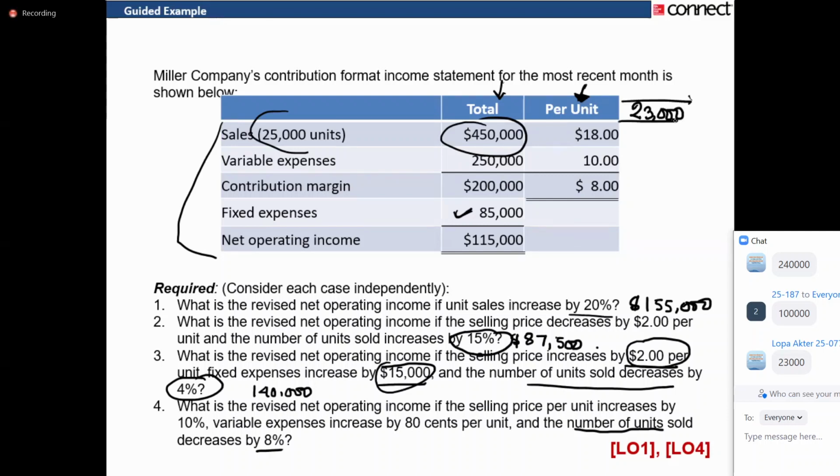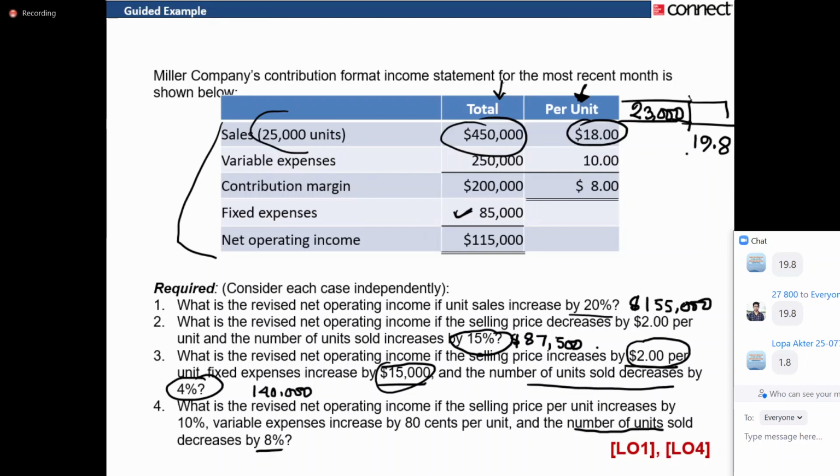Okay. So let's solve for the 23,000 unit sales case, and we are given that selling price per unit will go up by 10%. So out of the $18, if we have the increase of 10%, it is to be 110% of 18. So 110% of 18 should be 19.2. Sorry, it is to be 19.8. 10% of the 18.